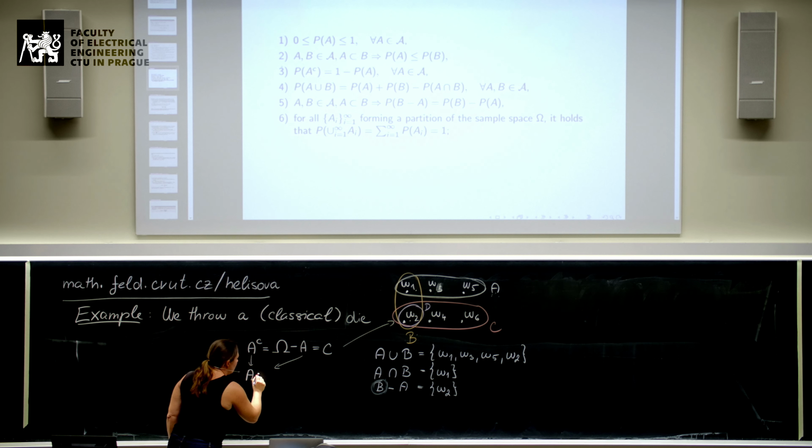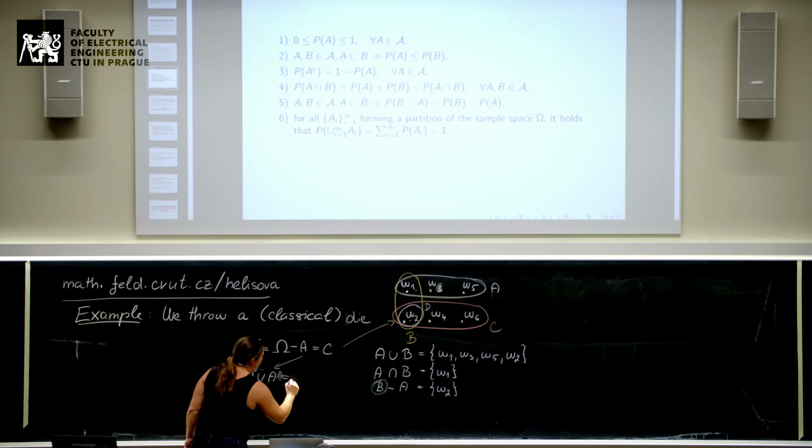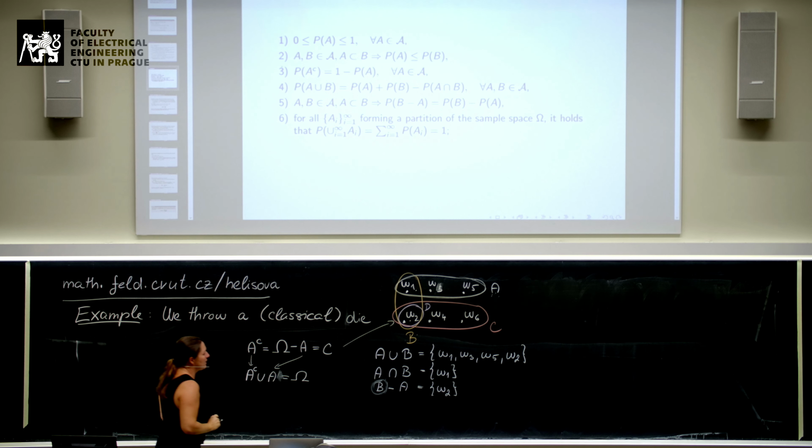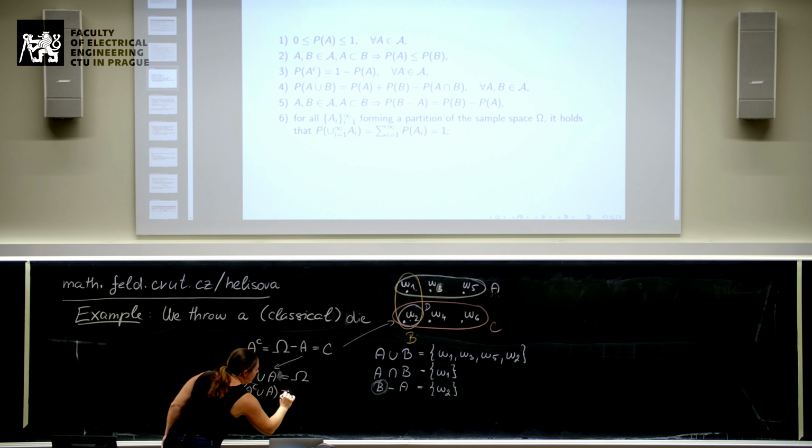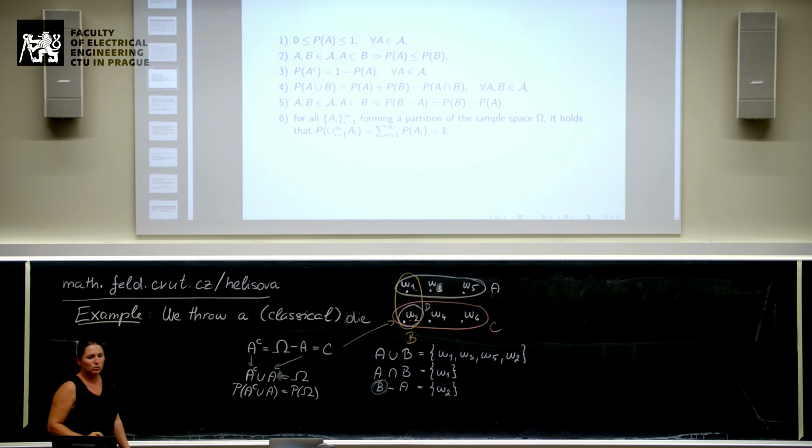The event, together with its complement, give us the set of all elementary events. So it means that the probability of this union is equal to the probability of the whole omega.